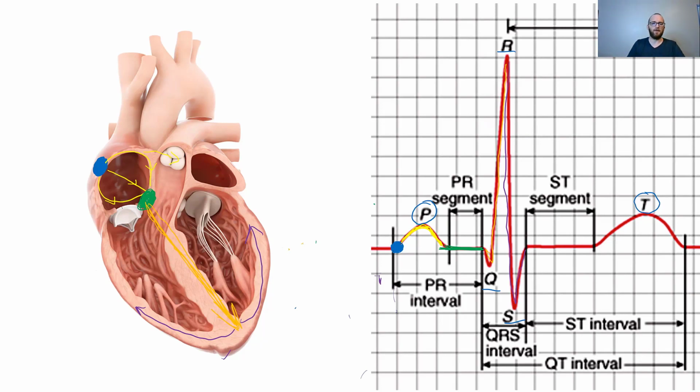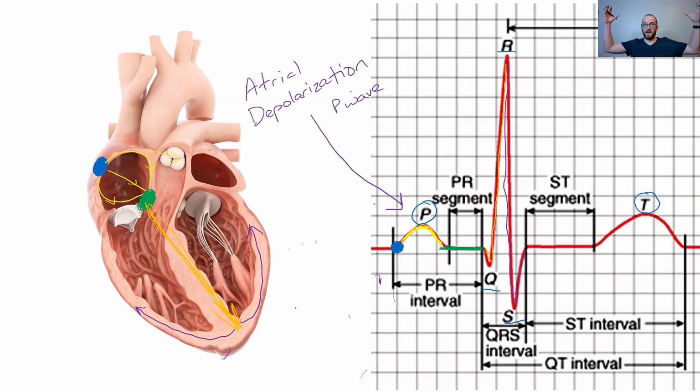But that's what it is. The electricity starts in the SA node. It travels through the atria, or what we call atrial depolarization. Atrial depolarization, which is the P wave. P wave is atrial depolarization.